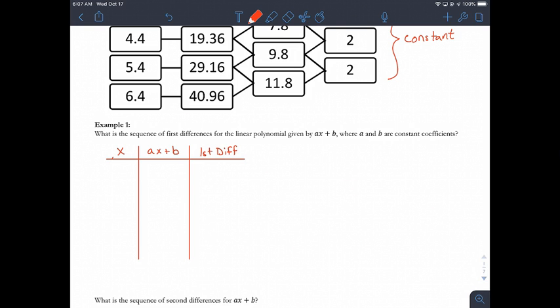We need x values, so I usually like to start with 0 and count forward. For this particular idea, we want our numbers to be sequential and only 1 digit apart. So I'm going to start with 0. I'm going to go to 5.